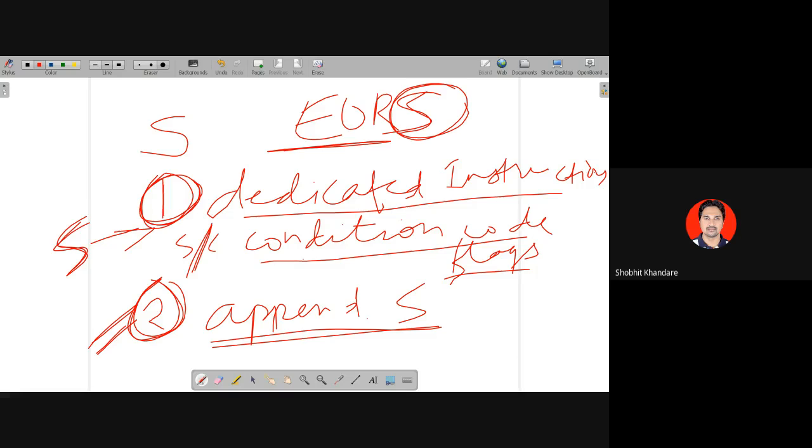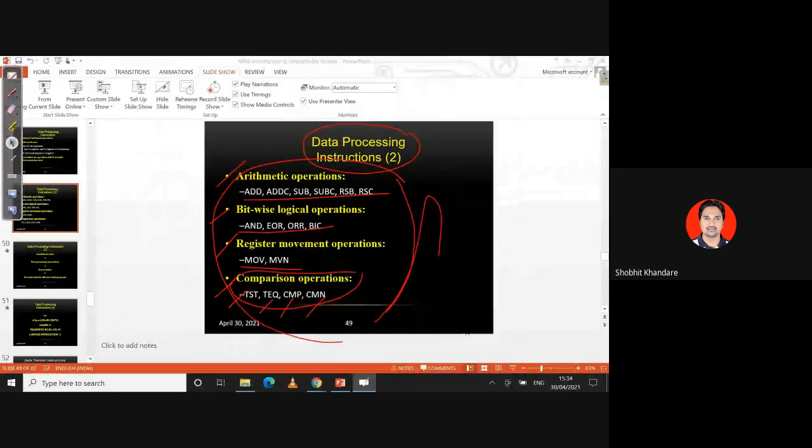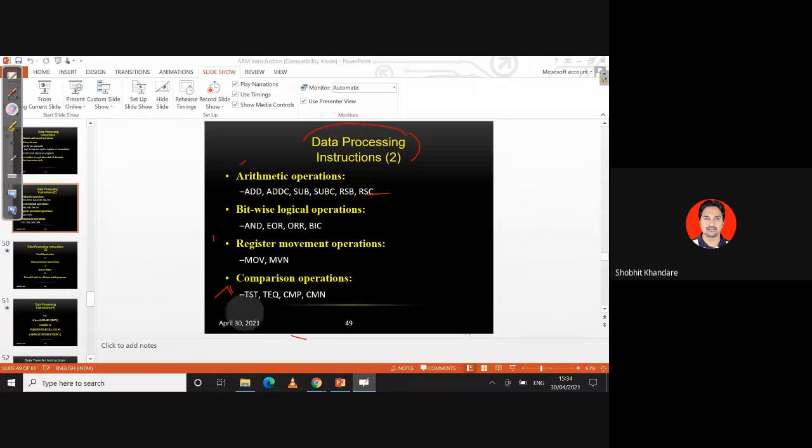So this first type of instructions you will be able to see in the comparison operations.